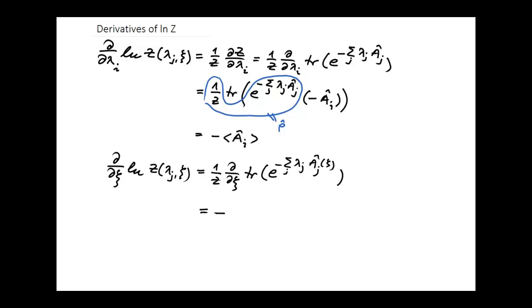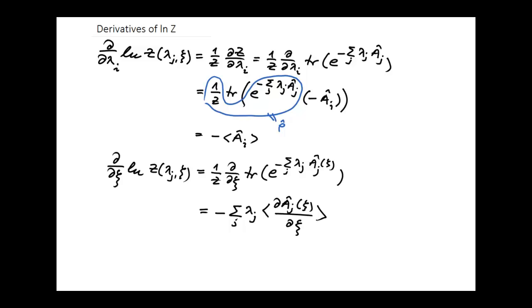And this is, in this case, minus the sum over j of lambda_j, which you can take in front of the expectation value because it's a number, and then you have the expectation value of the partial derivative of A_j of psi with respect to psi.